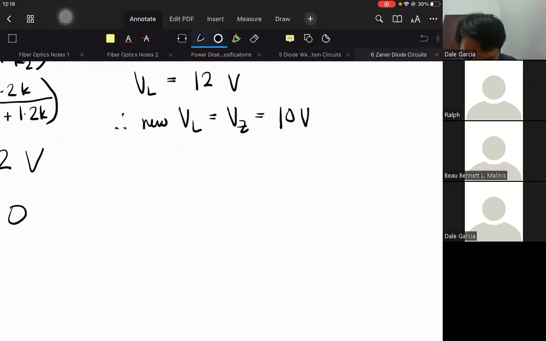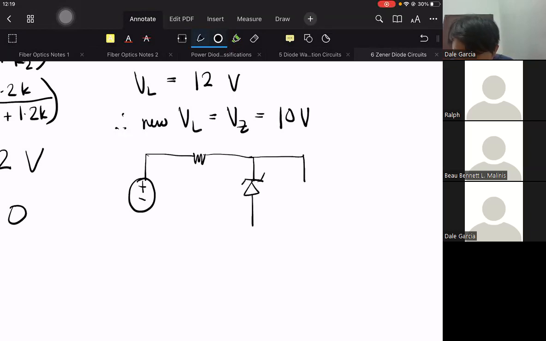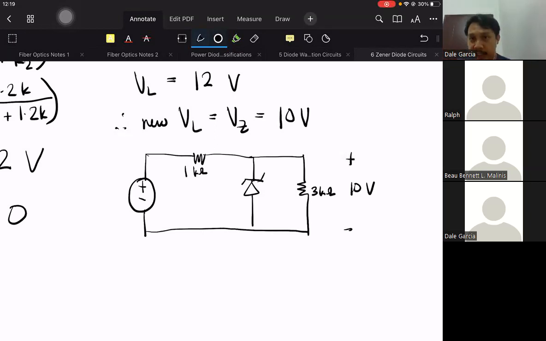So if we redraw our circuit, it will look like this: 1K, 3K, 10 volts. 10 volts, not anymore 12 volts. Okay.